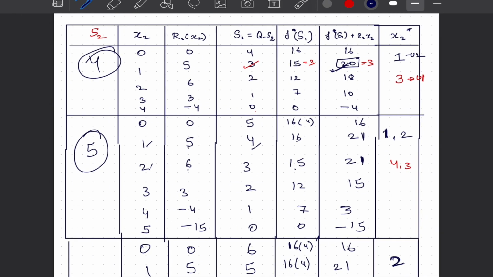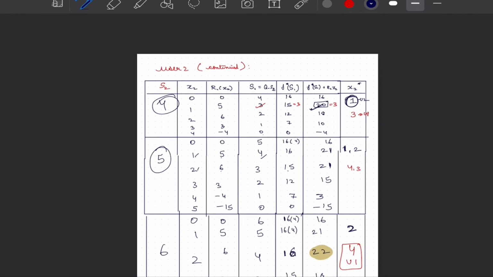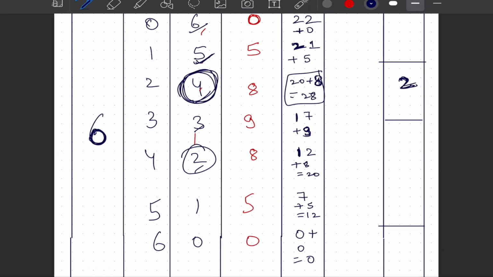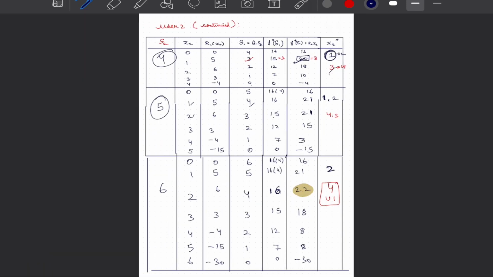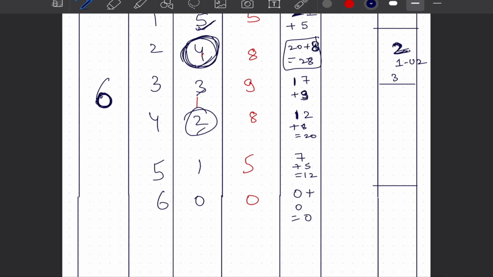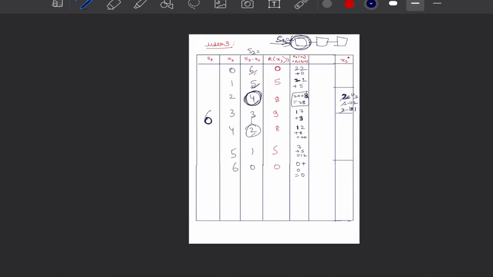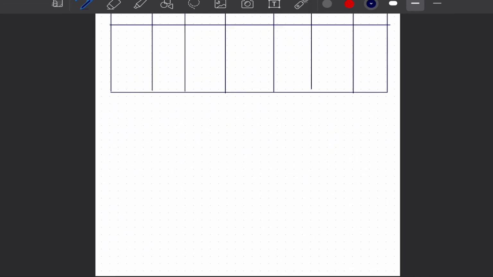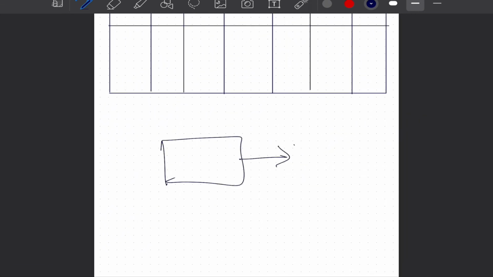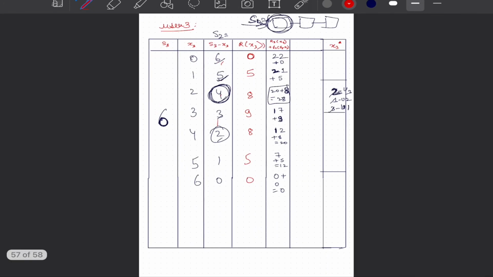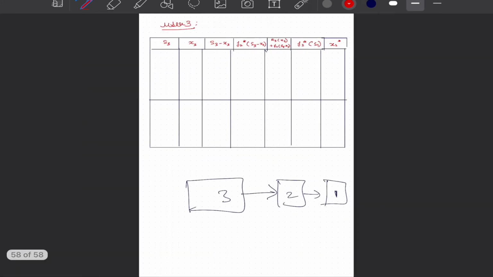So if you look at the optimal solution, that is going to correspond to the case of 28. So what we have here is all the solution: we should allocate 2 units to x3, and this comes when our state of user 2 is 4. When the state of user 2 is 4, we have to allocate 1 unit of water to user 2 and 3 units of water to user 1.